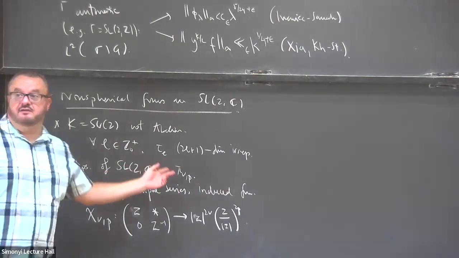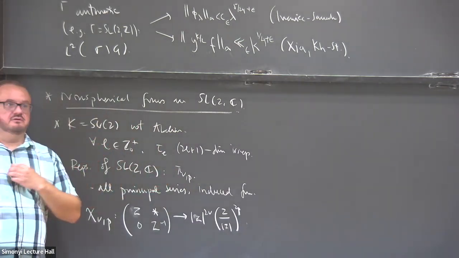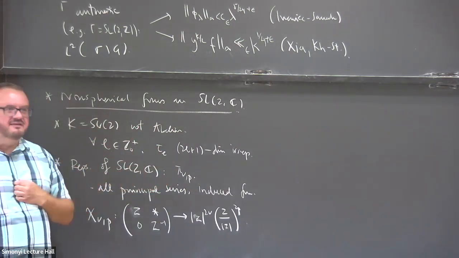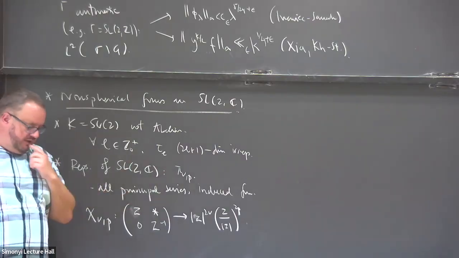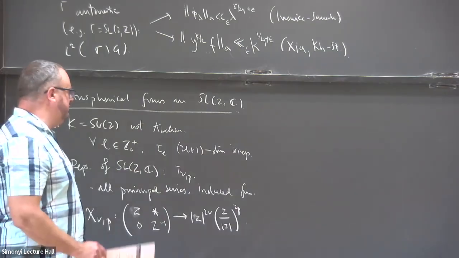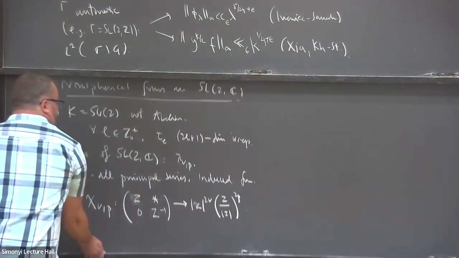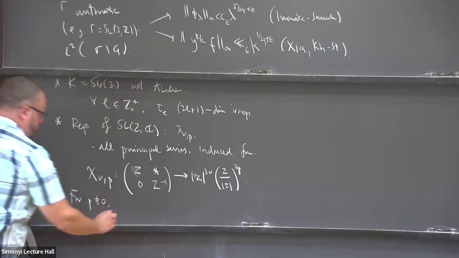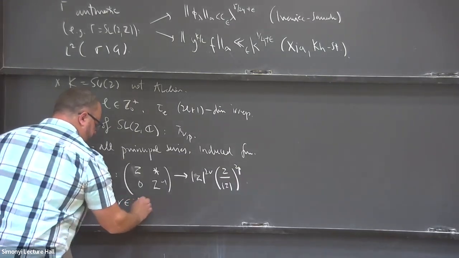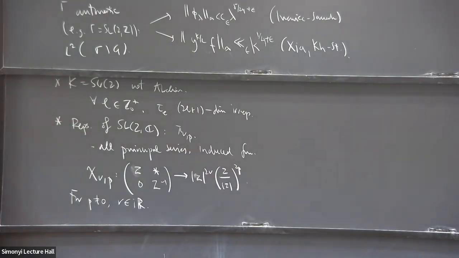Only the unitary ones can occur in the L2 space for kind of obvious reasons. It's the L2 space, so only the unitary ones can appear. The way you can think about them is that for p non-zero, nu has to be imaginary in order for this representation to be unitary.